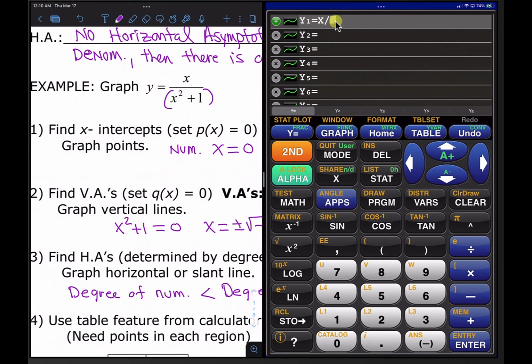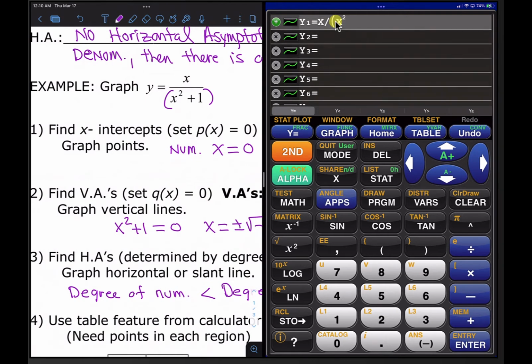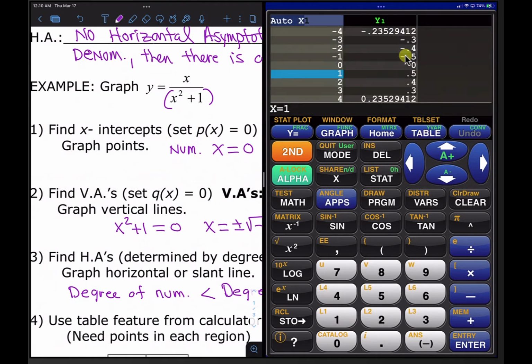So you have a parenthesis, and then we'll type x squared plus 1, and then close the parenthesis. Now you hit the table button over here on the right, and your table appears. Then you can scroll up and down to get the values that we want.